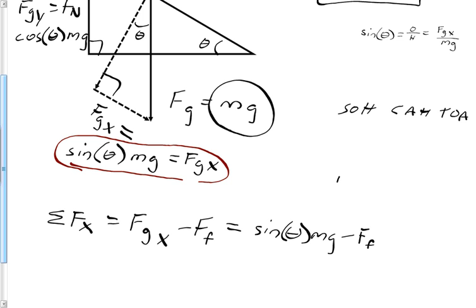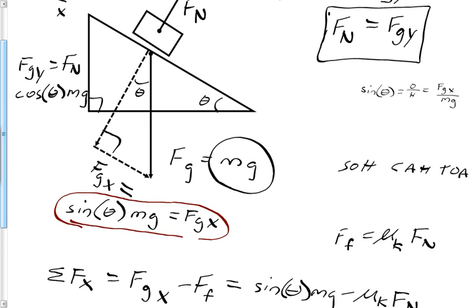Or if there is a force of friction, okay, I just keep that force of friction in there. But wait, remember that the force of friction is equal to mu, let's say it's sliding, okay? Mu k times the normal force. And so I take this and substitute that in for the force of friction. So mu k times the normal force. Oh, wait! There's more! The normal force. What's that equal to? Cosine theta mg.